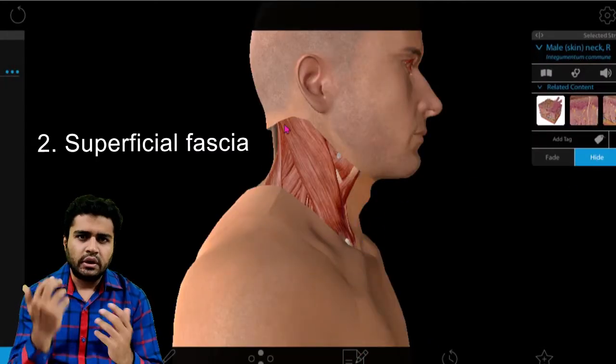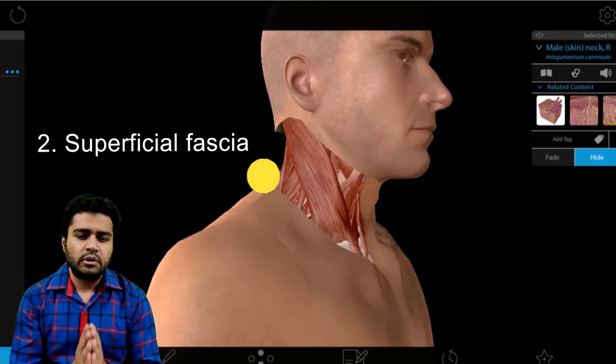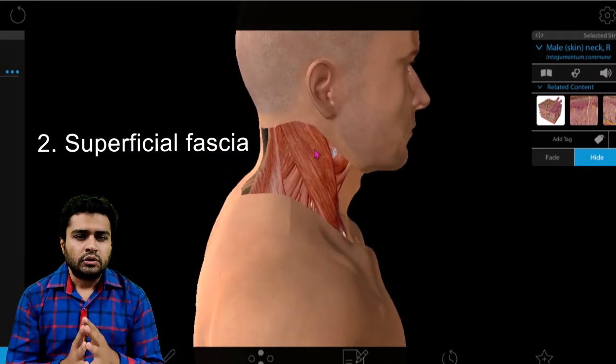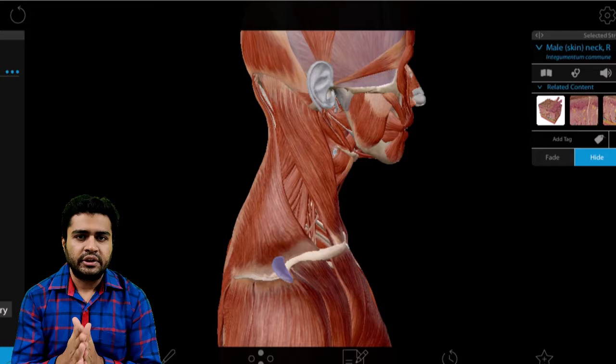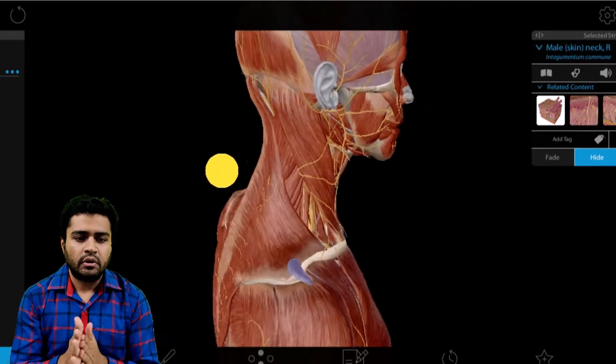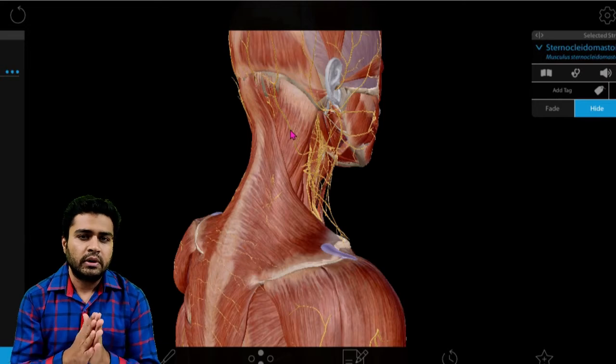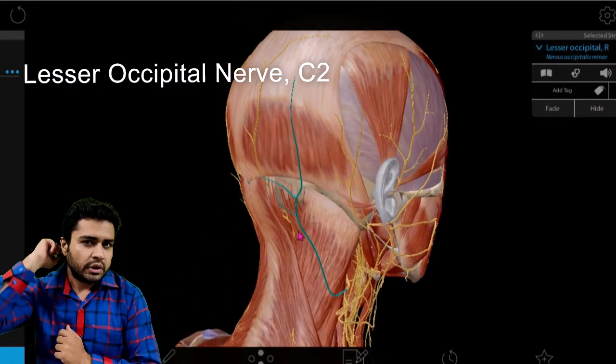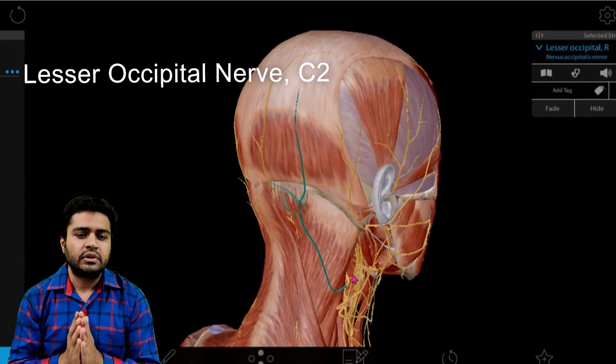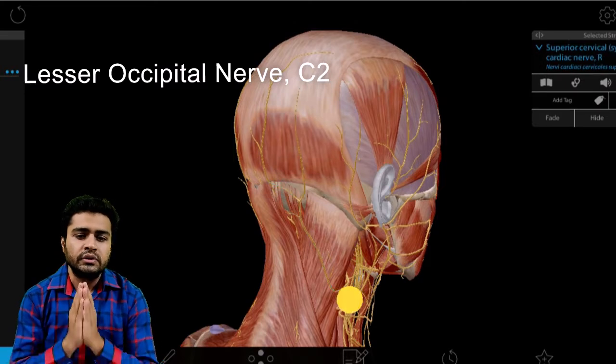Now, what are the nerves and veins which are present in the posterior triangle? For that, let's take our nerves from our software. Here we are viewing the sternocleidomastoid muscle. One nerve which is going toward the occiput is known as the lesser occipital nerve, and the root value is C2.